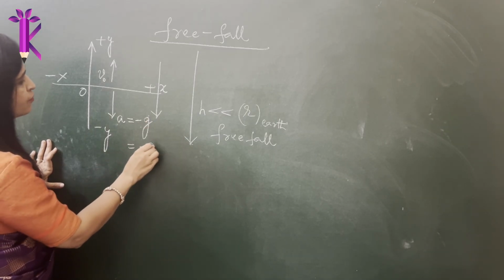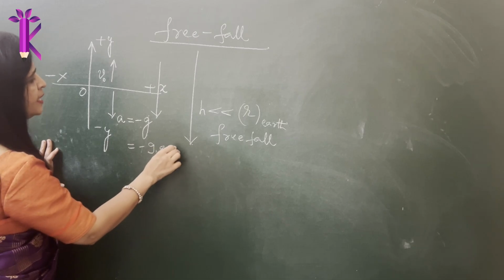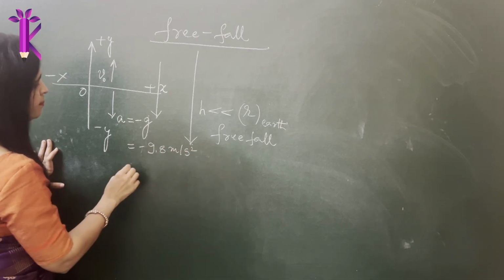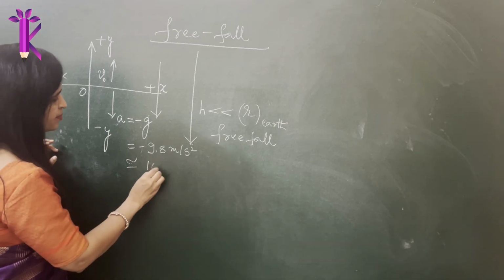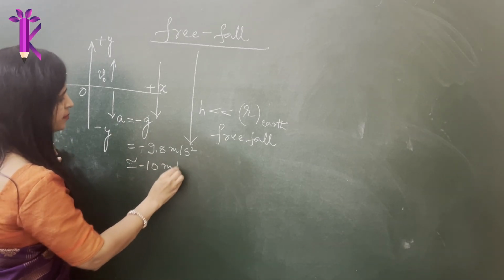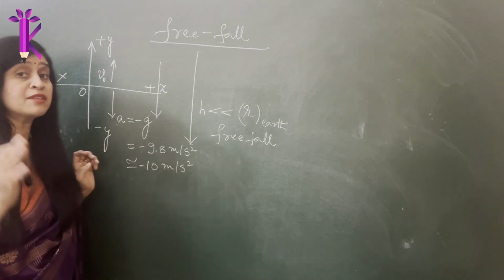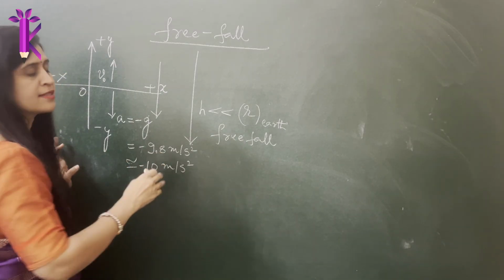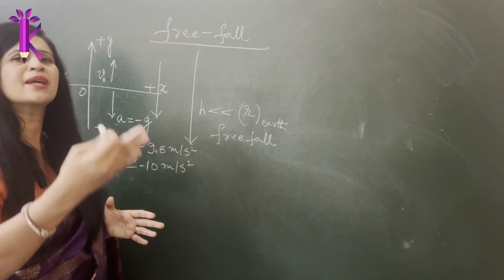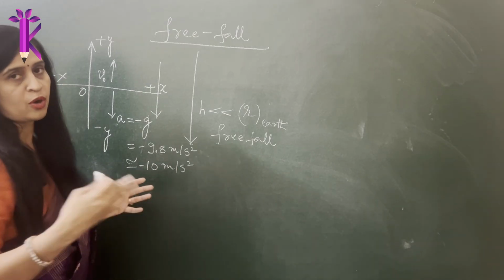And what is the value of gravity? It is 9.8 meter per second square. But when we are doing entrance exam numericals, you can always approximate this to be minus 10 meter per second square. That will simplify a lot of your problems, because most of the answers in your entrance exam numericals will be close enough to whatever approximations you make.